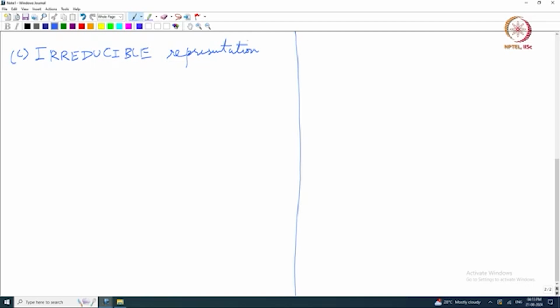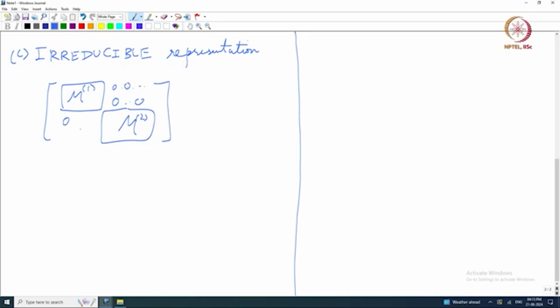This just means I can have a matrix representation of the group, but I should not be able to decompose the matrix into block diagonal forms like this. That is, if I have 0 0 0 like this, this would make it a reducible representation.